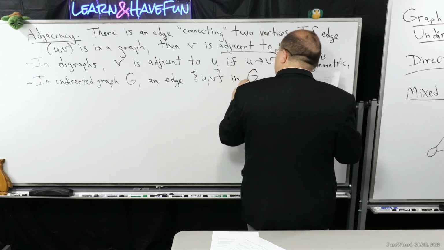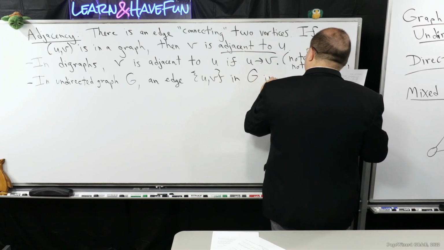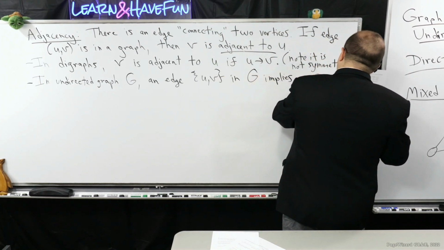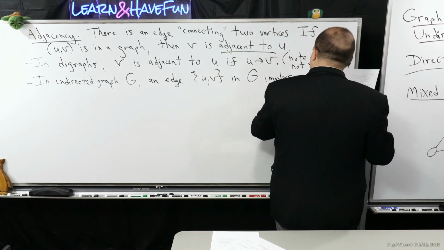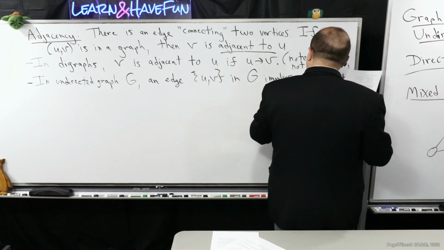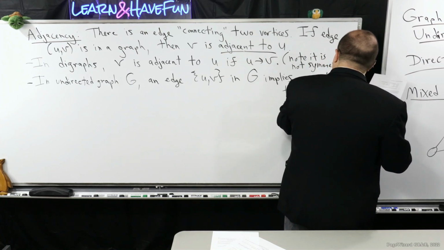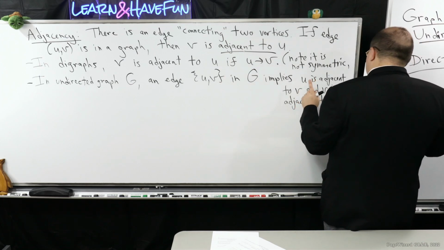So if this edge is in G, it implies u is adjacent to v and v is adjacent to u.